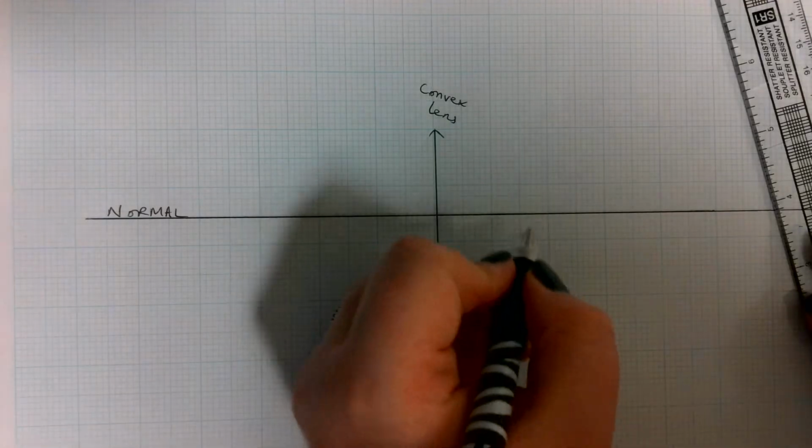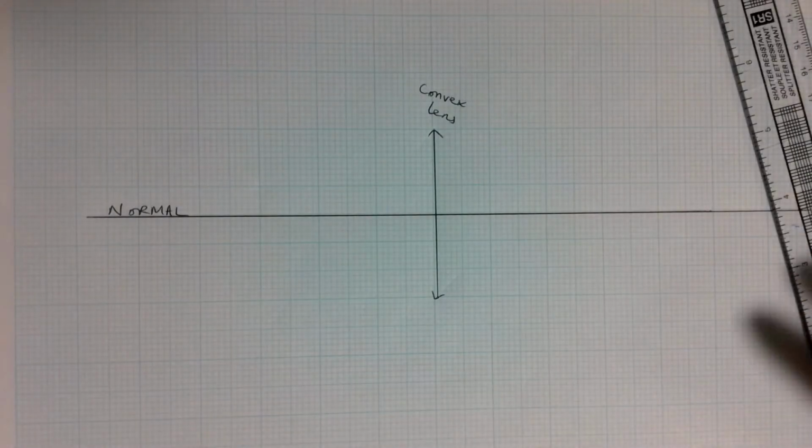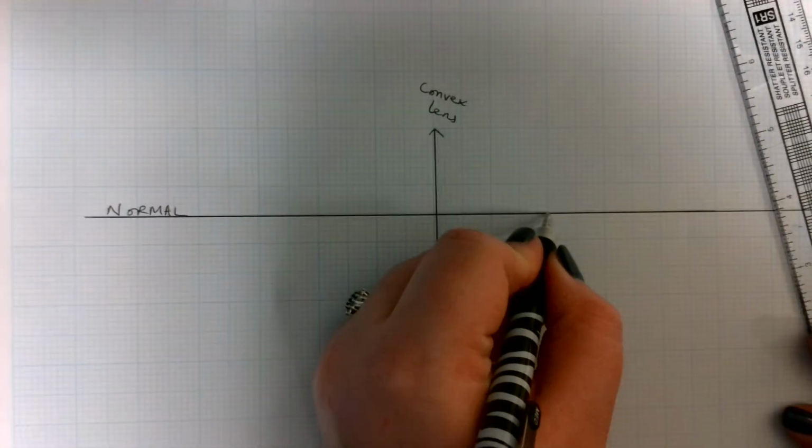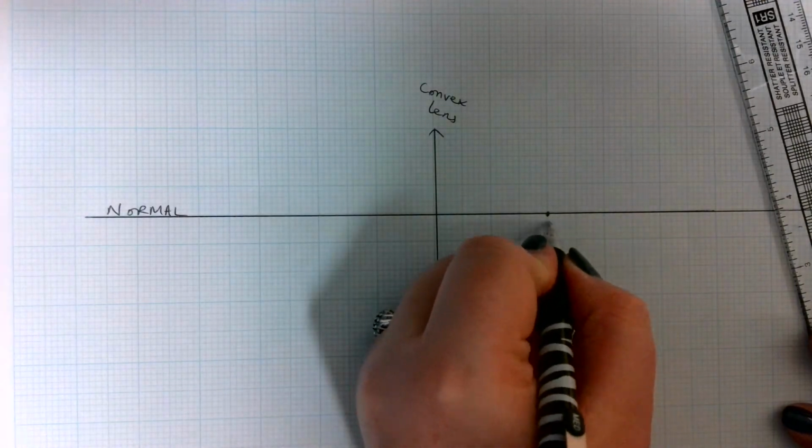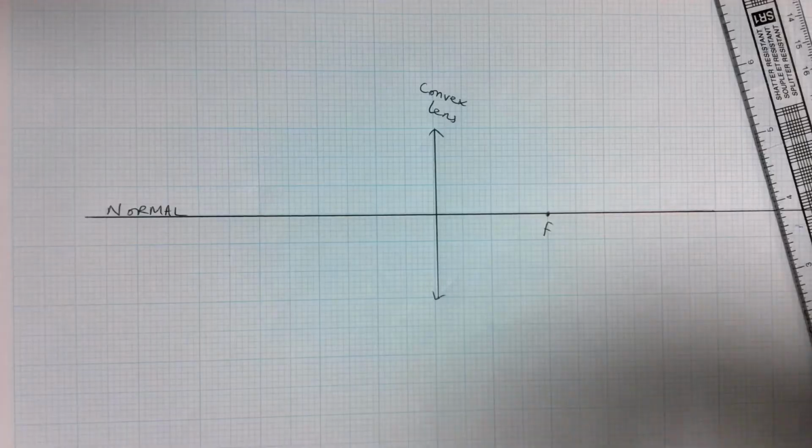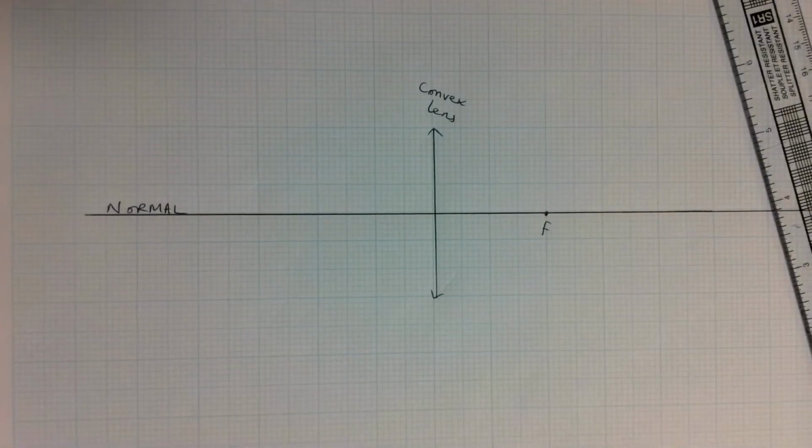And we're going to draw our focal point, and we'll go for the same scale we did last time. So I'm going to say the focal point is in exactly the same place as it was before.